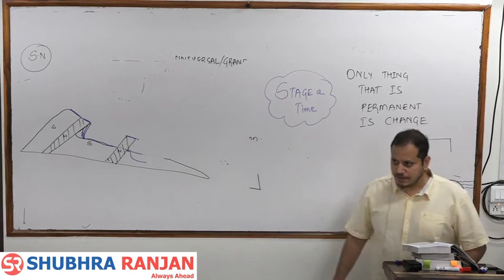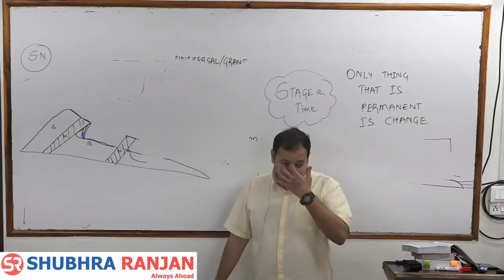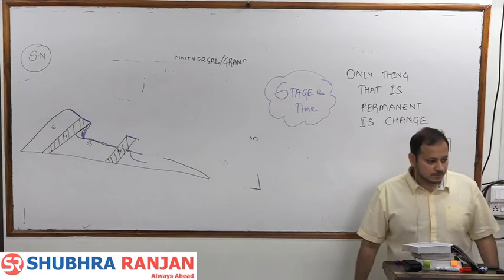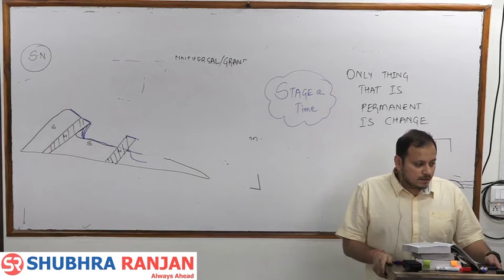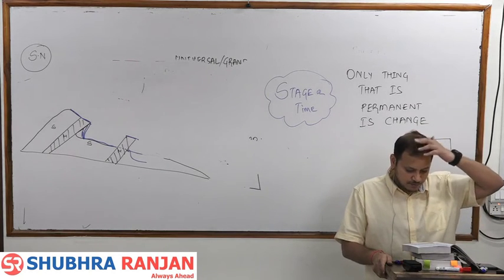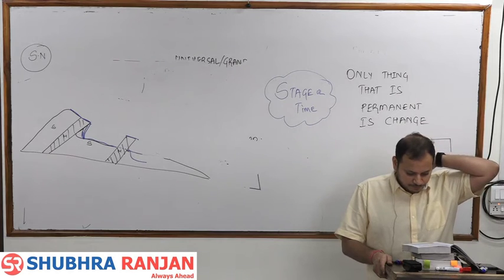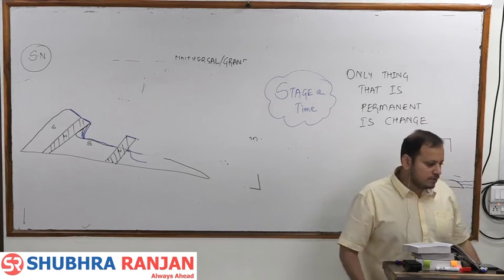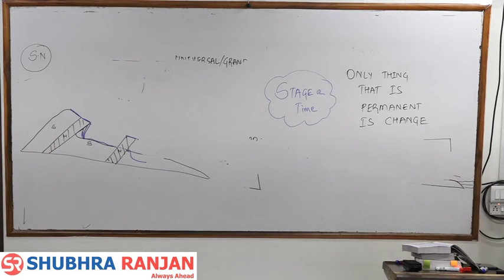Stage and time is the same. Getting it? Which overemphasized on stage or time. Numerous studies have proved the importance of process and structure in the development of the landforms.